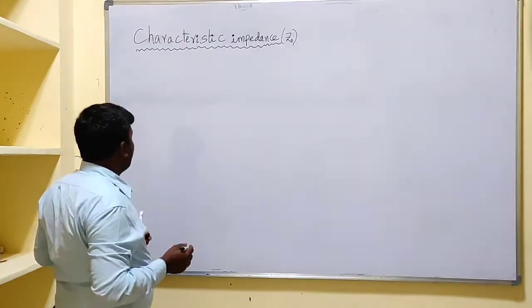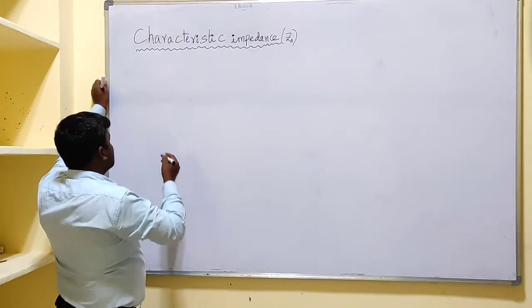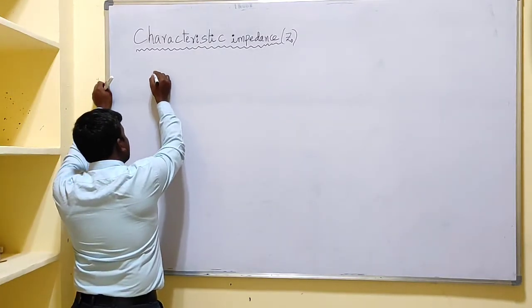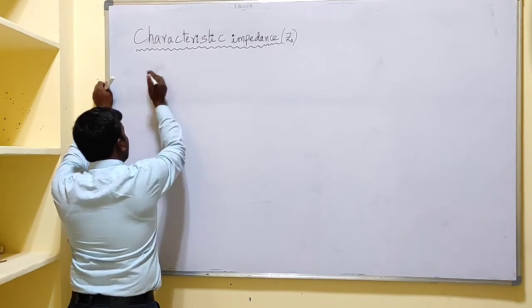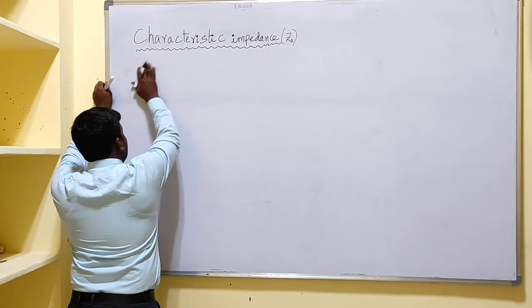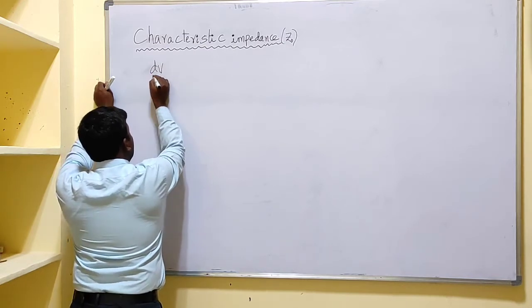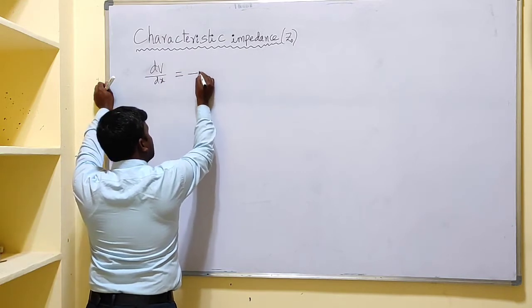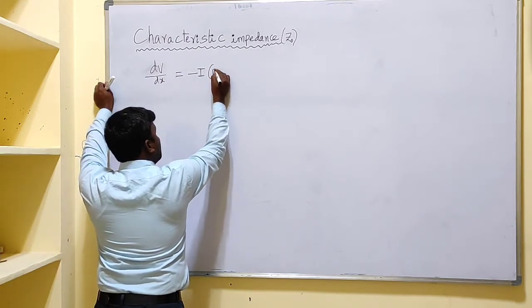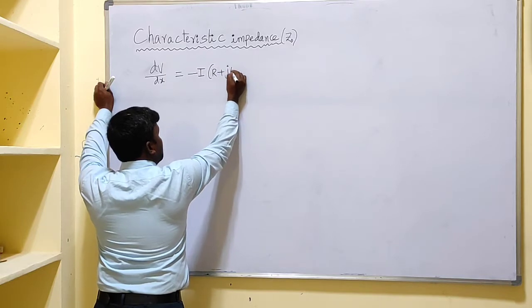In the last video we derived transmission line equations like this. I will write those equations here. That is, dV by dx is equal to minus I into (R plus j omega L).